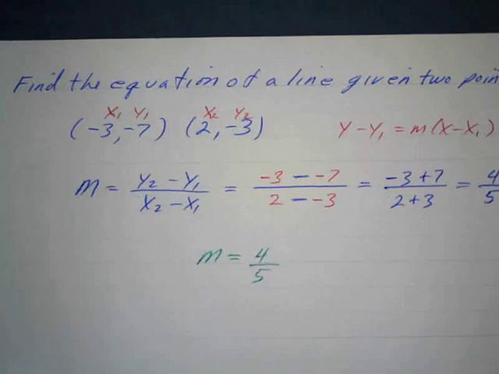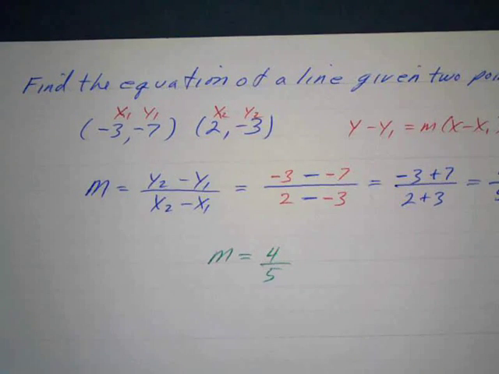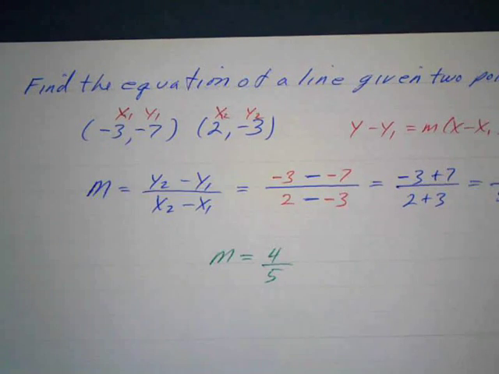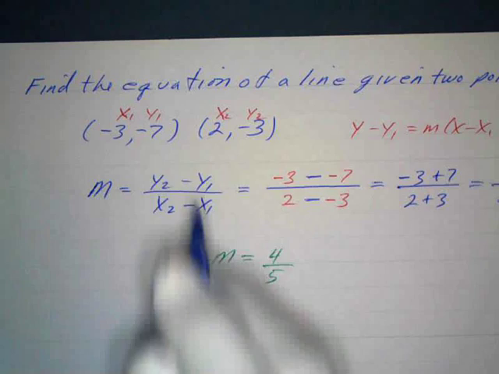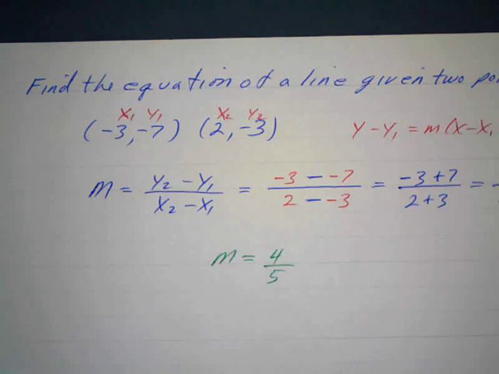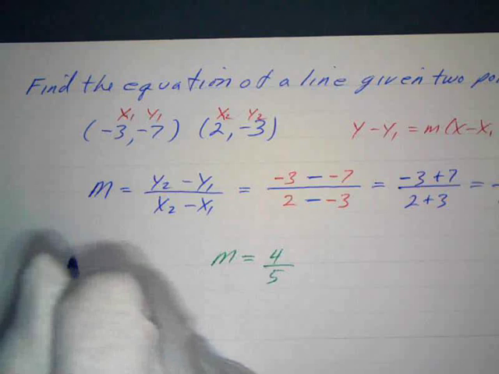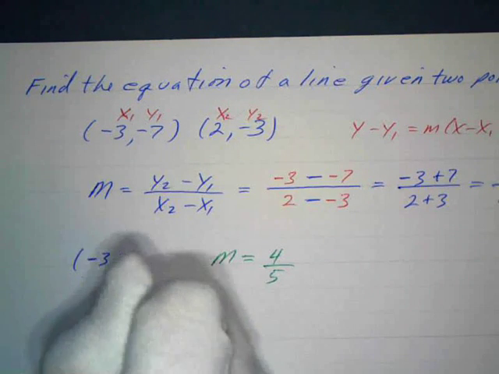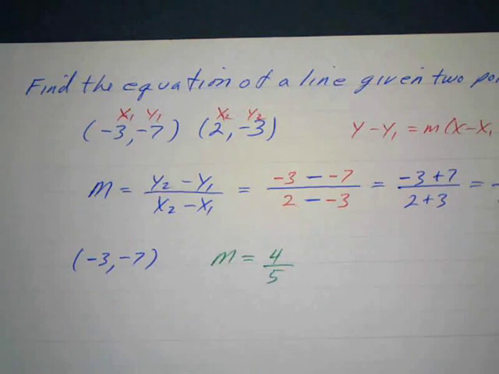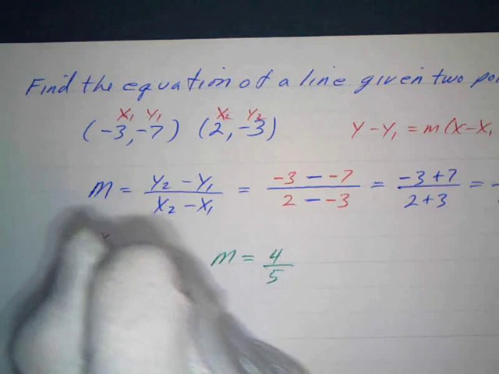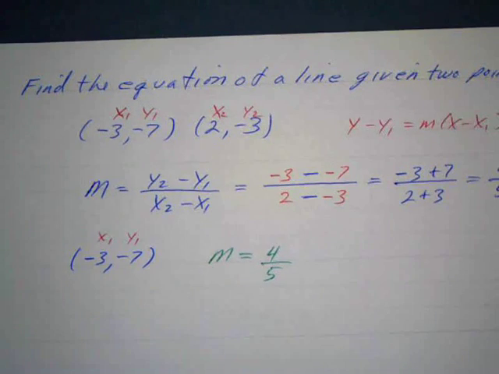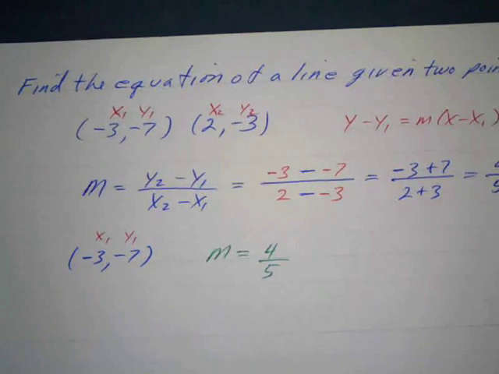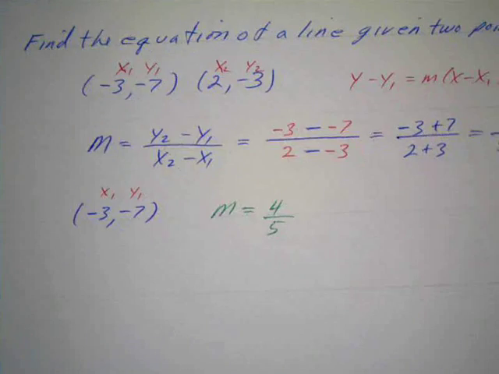Okay? And I need a point, so I could pick either point. Since I already called this x1, y1, I'll just use that. These numbers are a little bit smaller, but it doesn't matter. Sometimes they could be just as complicated, so I'll just use the more complicated point to give you some practice.